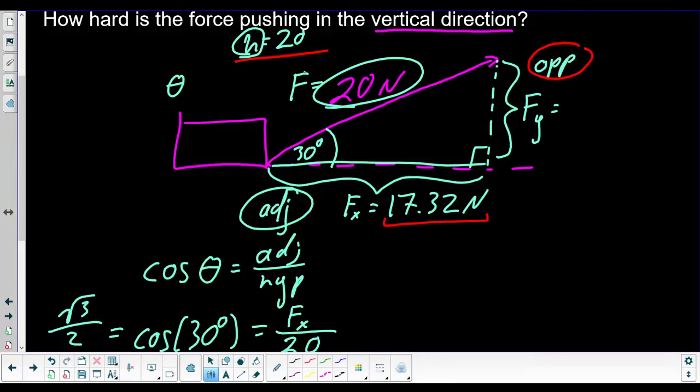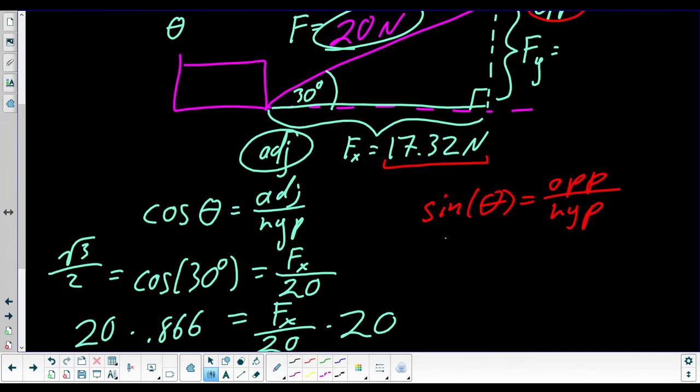So we're going to use opposite and hypotenuse. That trig function is sine. Sine of theta equals opposite over hypotenuse. So let's plug in our known values. Sine of 30 degrees equals, we don't know the opposite side. That's what we're looking for.